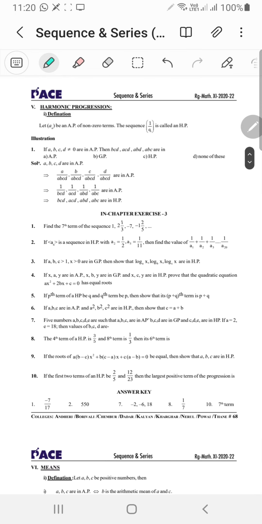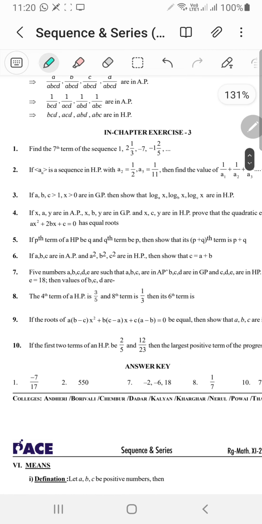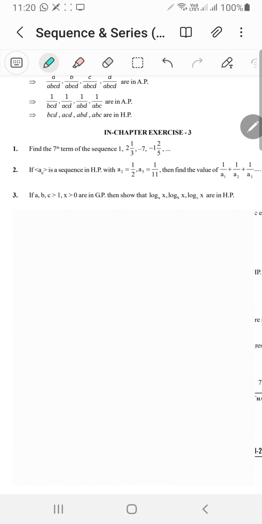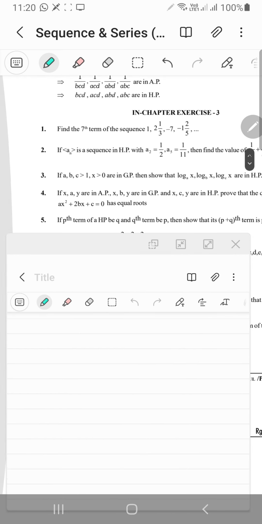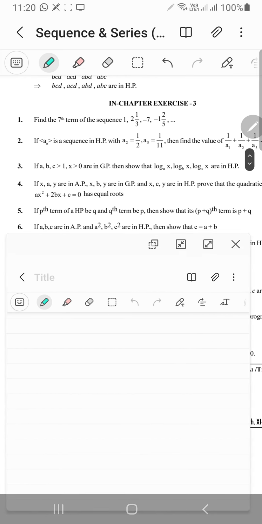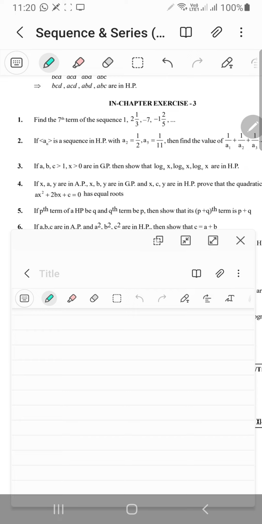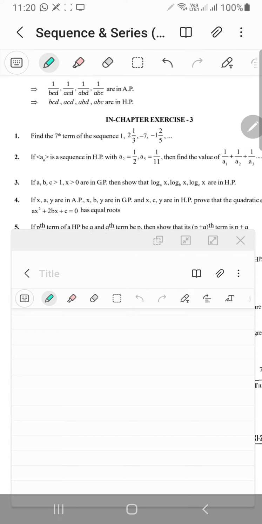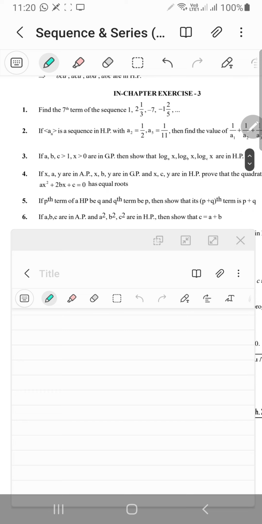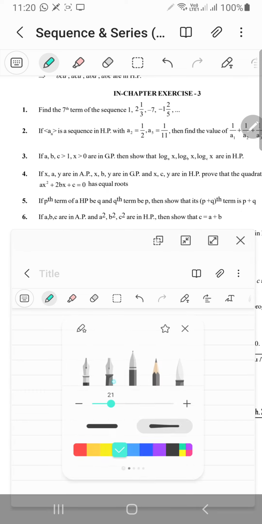Okay, and in chapter exercise 3, find the 7th term of the sequence. Now this is like harmonic progression, I think. Okay, find the 7th term of this sequence. Okay, I think it's harmonic progression. Oh, this is not the correct color.